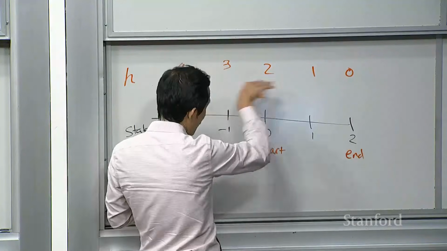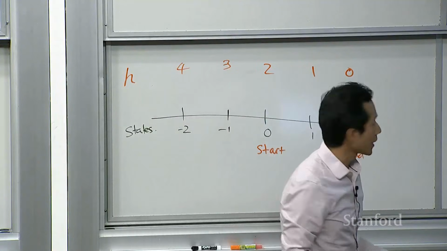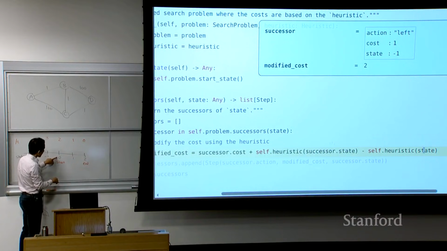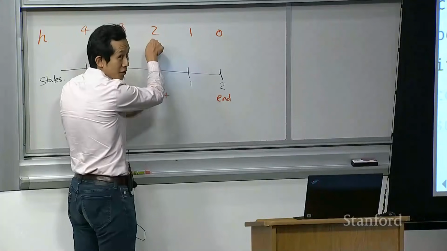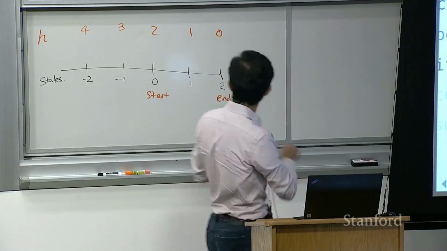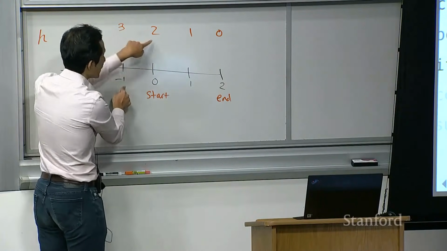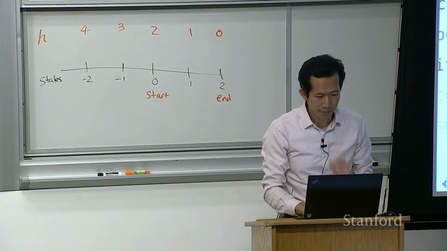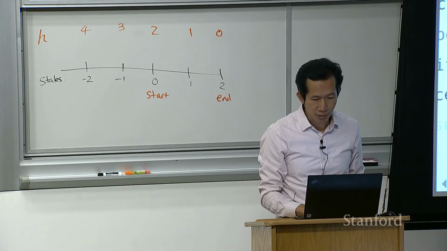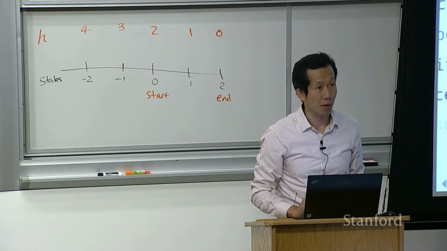It's trying to favor things to the right. If I'm looking at 0, the modified cost going to the right is 1, which is the original cost, plus 1 minus 2. If I'm going to the left, that's 1 plus 3 minus 2, which gives me 2. So if I go to the right, that modified cost is 0.